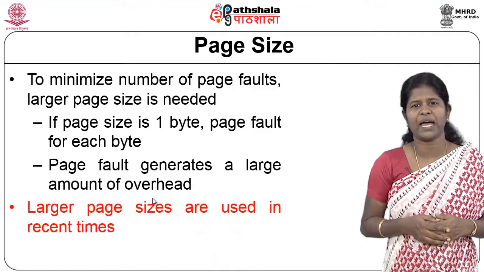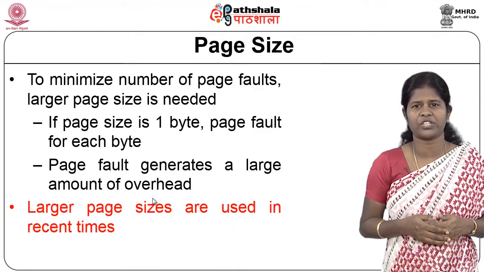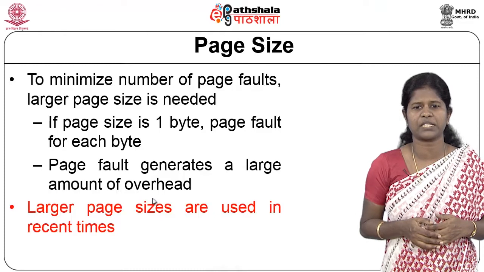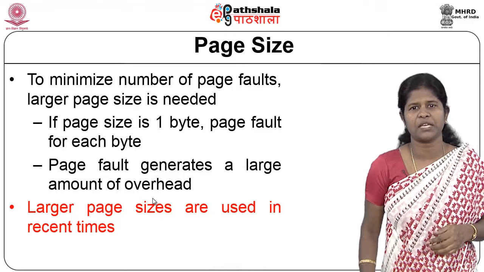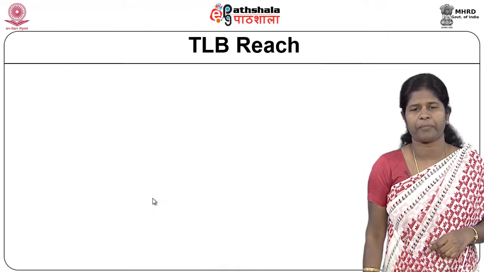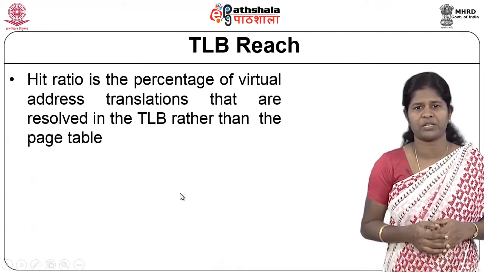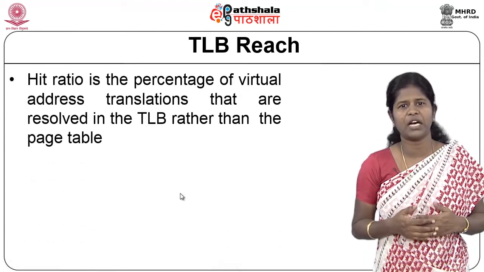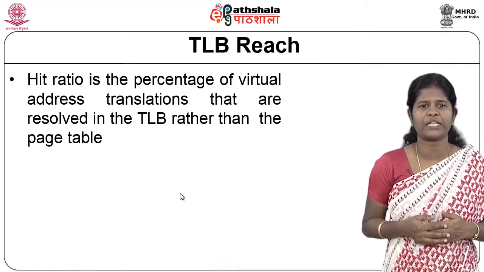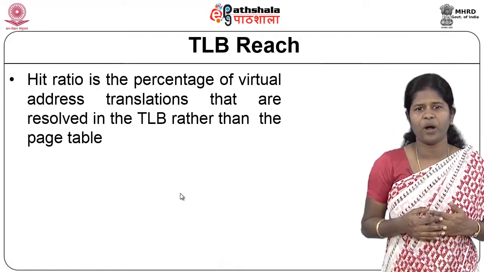But we see that in recent architectures and in recent operating systems, larger page sizes are being used. And the next issue that we need to look at is called TLB reach. We have already learnt about a metric called the hit ratio. What is hit ratio?